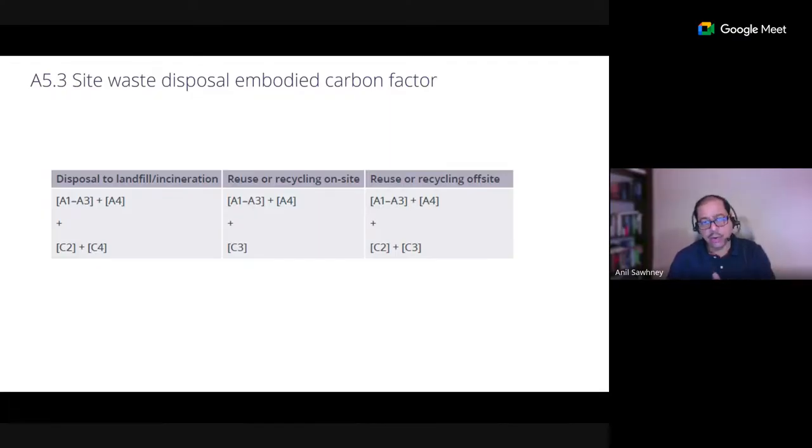So depending on how you are going to be using the waste, the emission factor changes. So EF changes. If this is going to be reused or recycled on site, obviously then there is no transport. So you have A1, A3, A4, and C3. If it's going to be reused or recycled on another project, you will have C2, which is end-of-life transport emission. So that's how this is structured, and you then calculate A5.3.